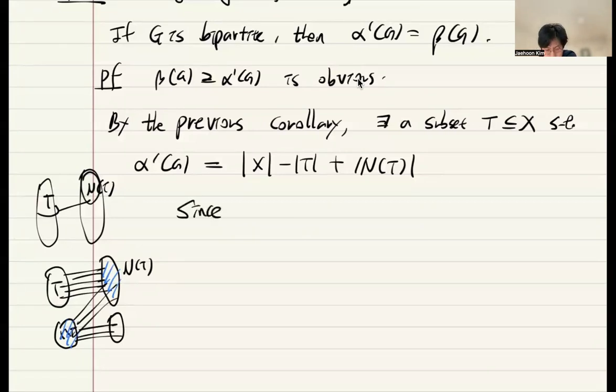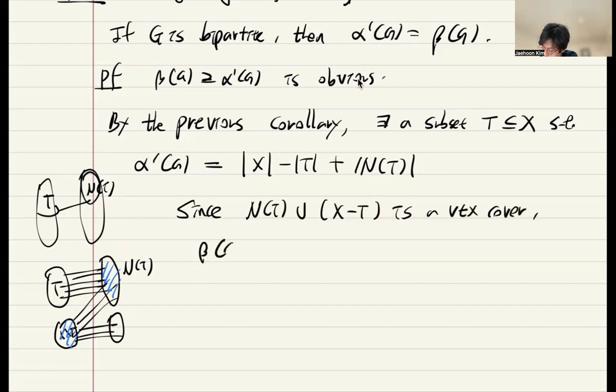So this N of T union with X minus T is actually a vertex cover. What do we get?